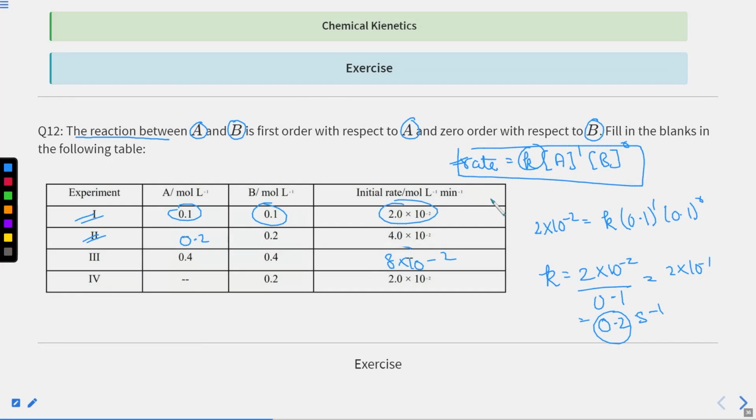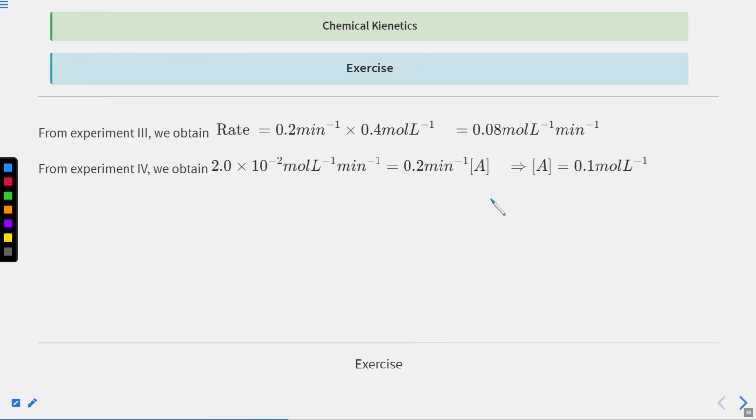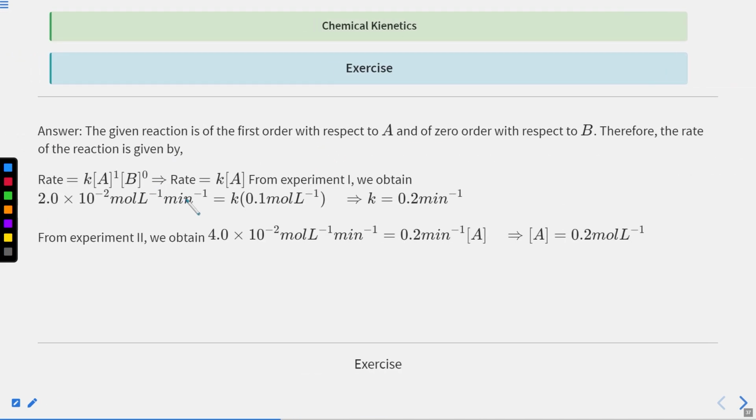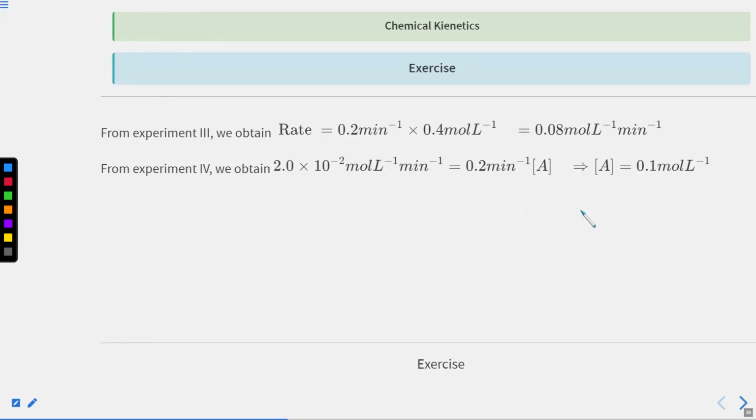Now let us see the solution. From experiment 1, first we have found the value of K, that is 0.2. Now put these values for experiment 2 and we got the concentration of A as 0.2.